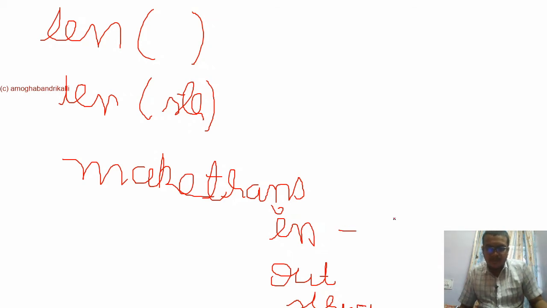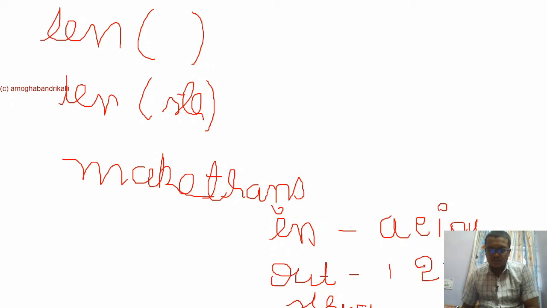Let me consider the in values as A, E, I, O, U. And for these respective letters, the output values will be 1, 2, 3, 4, 5. And the string can be as usual, this is string example.